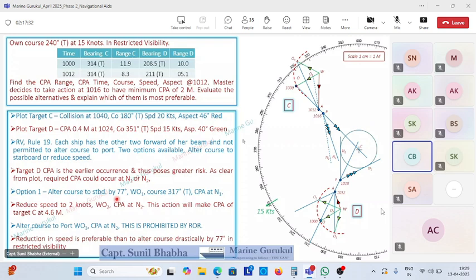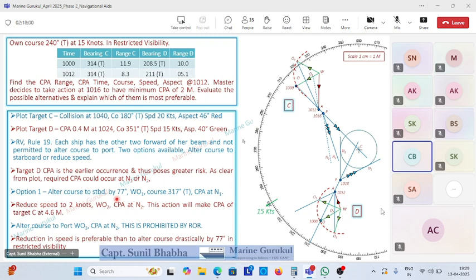Now, this kind of a bold or drastic alteration will not only take much more time to execute, but may also result in a close quarter situation with some other ship. So reduction of speed on the other hand will be effective, will be much quicker, and is also recommended.